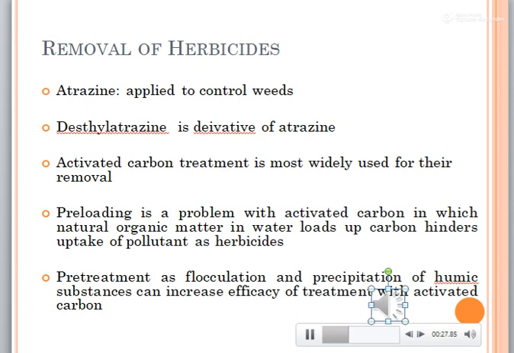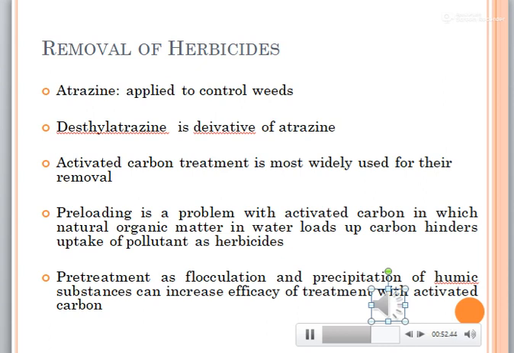One of the most troublesome is atrazine, which is often manifested by its metabolite, the conversion of atrazine into its derivative desethyl-atrazine.